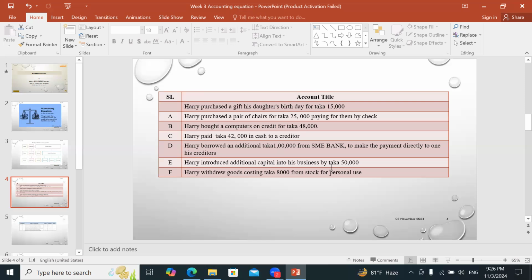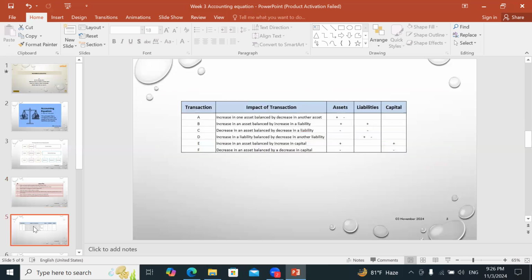Cash increases. Asset increases, and side by side, liability is also increased. Both sides are increased: asset, and liabilities, capital.